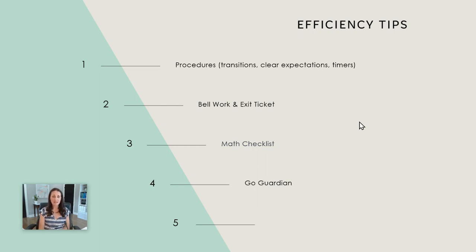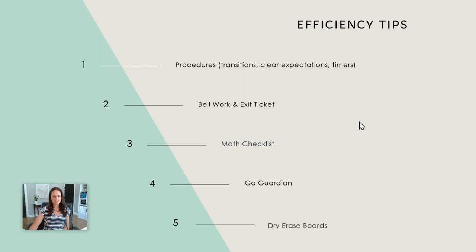So having my GoGuardian open at my table while I'm pulling small groups and occasionally checking on it to make sure students are on task, even the kids just knowing that I had it open, kept them in check, and they were more likely to be on task. And I didn't have to worry about their computer not facing me, or having to get up and monitor behavior while I'm trying to do small groups. So GoGuardian was an effective tool for monitoring their computers while I was pulling small groups.